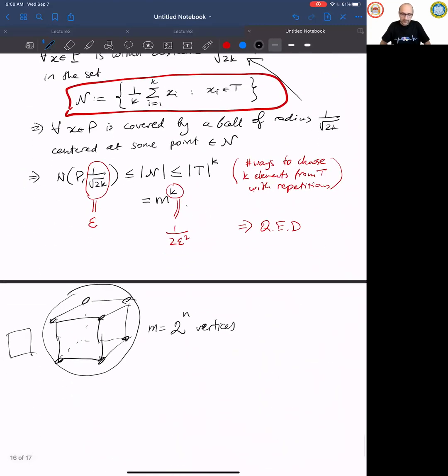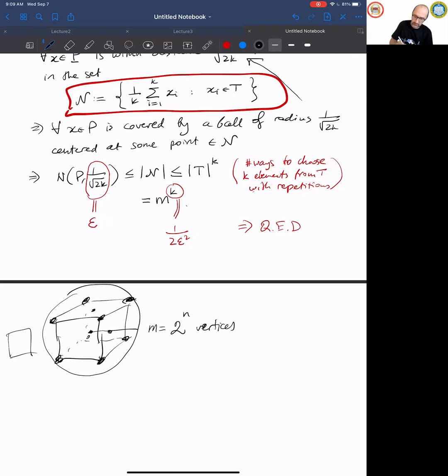Let me actually tell you an interesting story about the cube. The cube itself does not approximate the ball really well. Well, only at the endpoints. Let's say I take the exterior sphere. The endpoints touch the sphere, but the faces are too far.